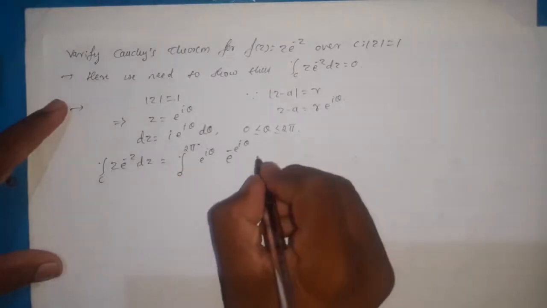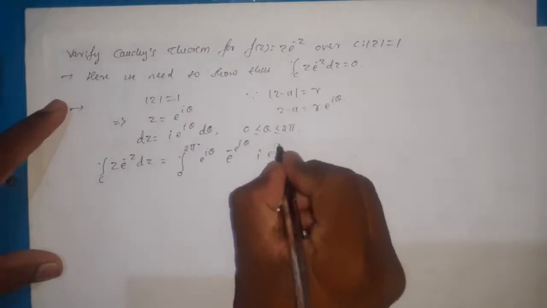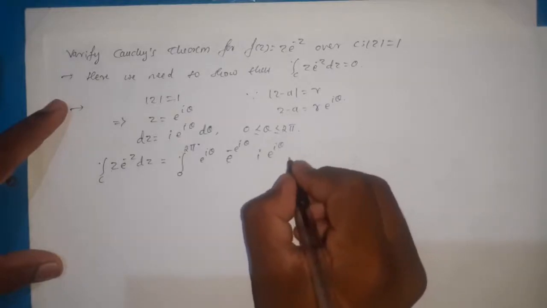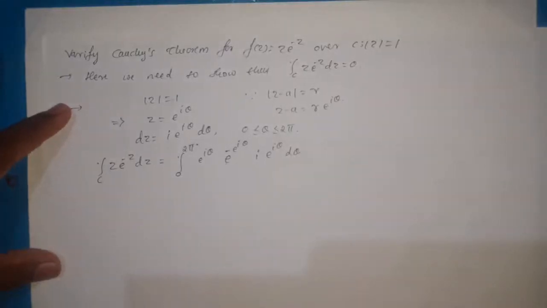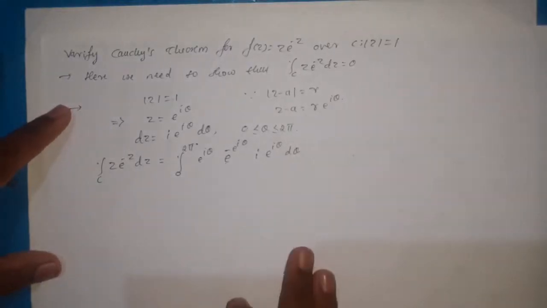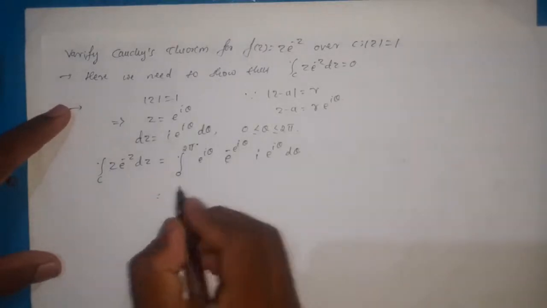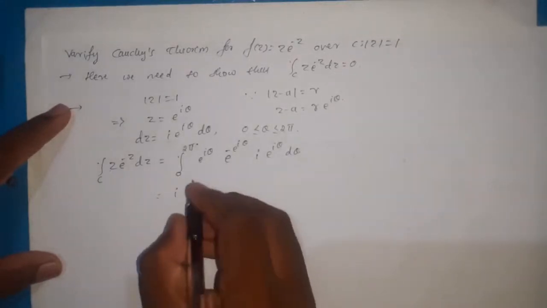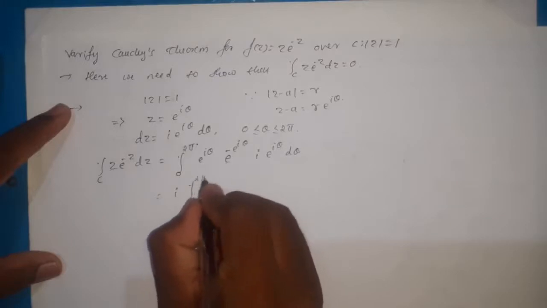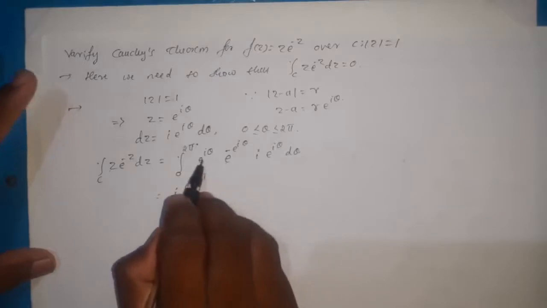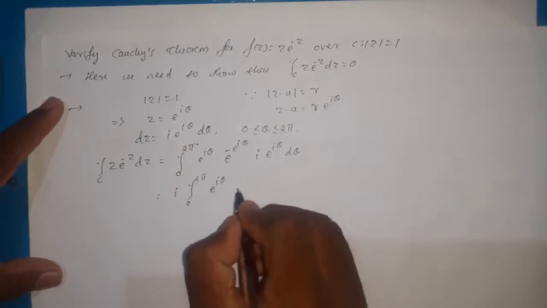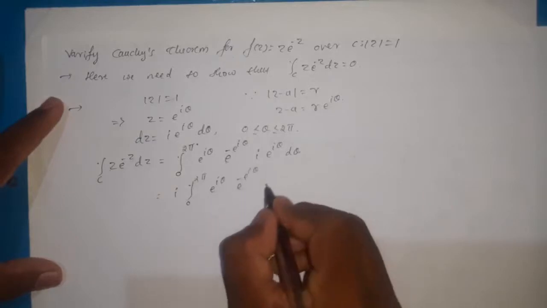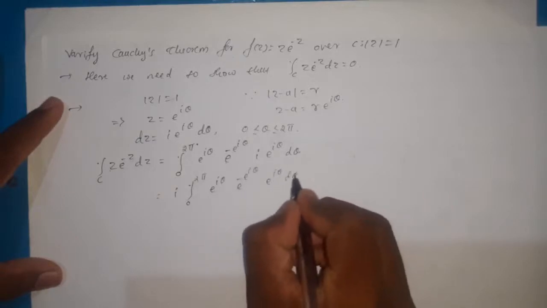Then dz is i into e power i theta d theta. Then this is equal to, the i is constant, taking outside, the integral from 0 to 2 pi, e power i theta, let it be as it is, e power minus e power i theta, e power i theta into d theta.